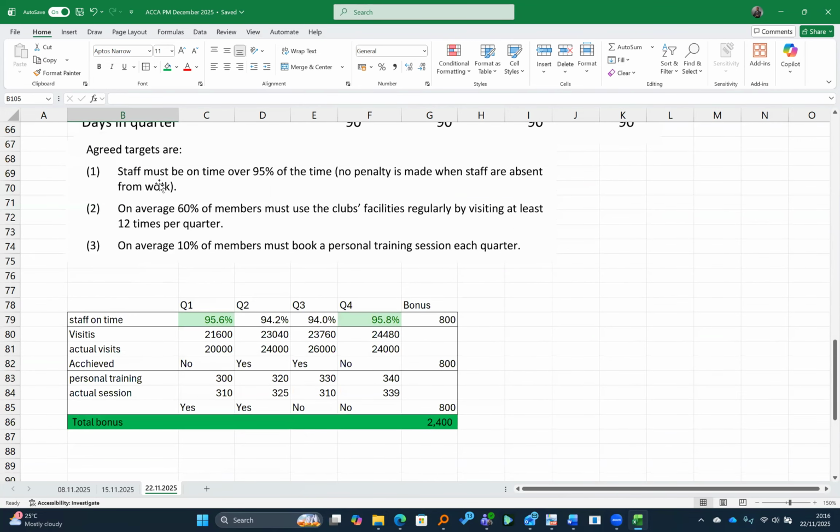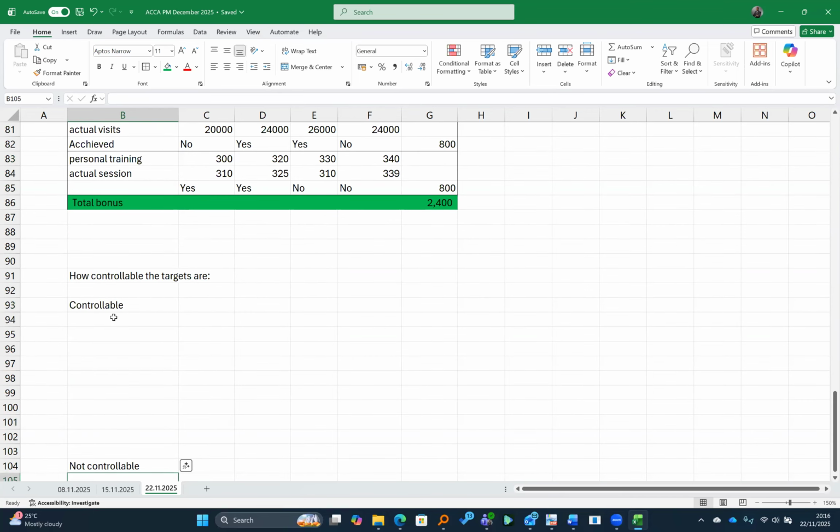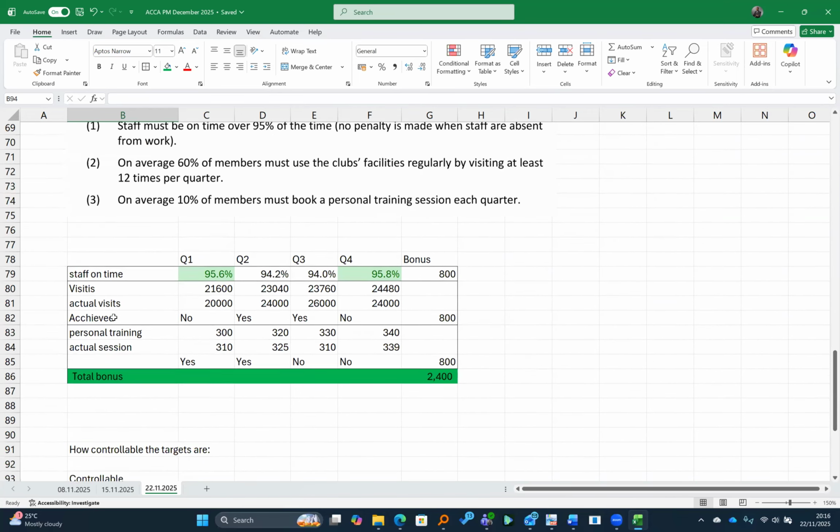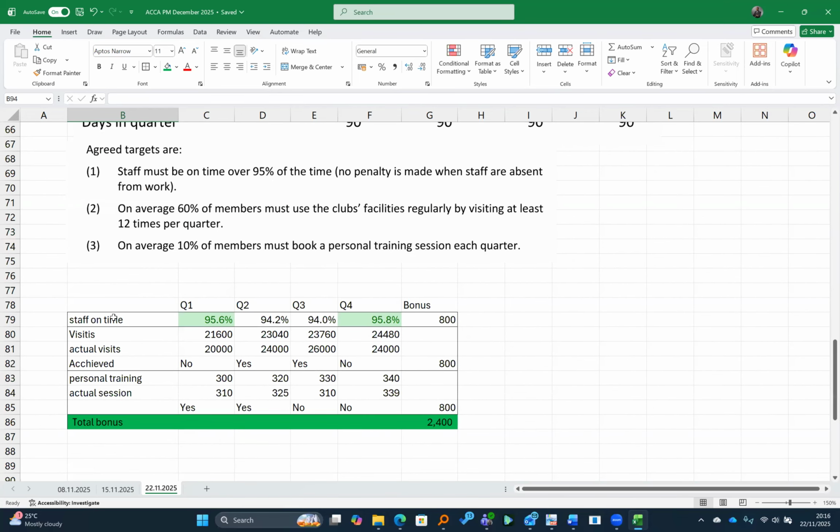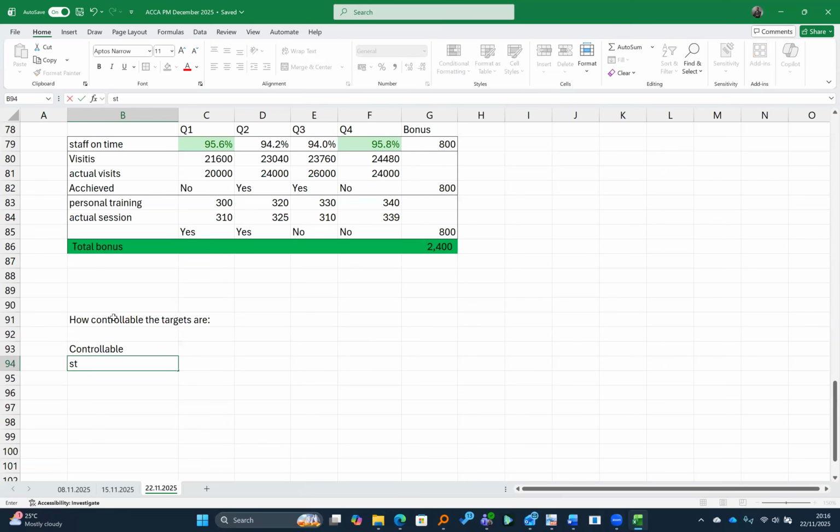You can choose to do it, because we are looking at these three targets. So you can first of all look at staff being on time, then you say how controllable and how uncontrollable. Then you go to club facilities, how controllable and uncontrollable, and so on and so forth. But here we are going to first say, how is staff being on time controllable by the manager?